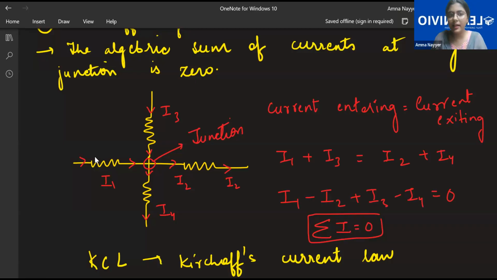Current entering is current exiting. Questions have been asked where laws are directly asked, so you should know what the law is. And we'll be studying how to apply this. That is a little different from what we study here, because applications are a little tricky and lengthy, so that we'll do with the questions.